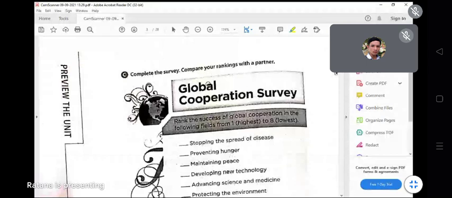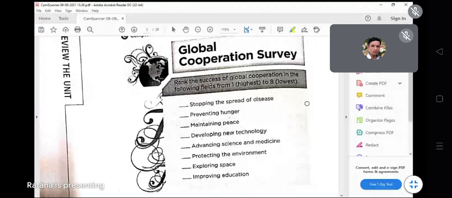Okay, so now we go to C. Complete the survey, compare your rankings with a partner. If you look at global cooperation, these are some issues related to it.